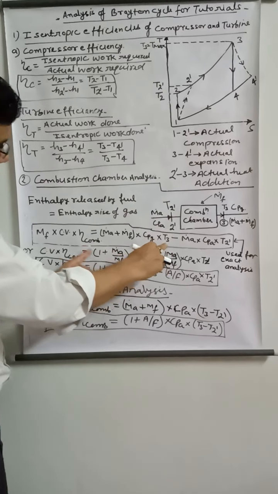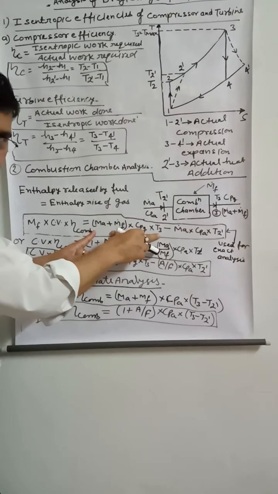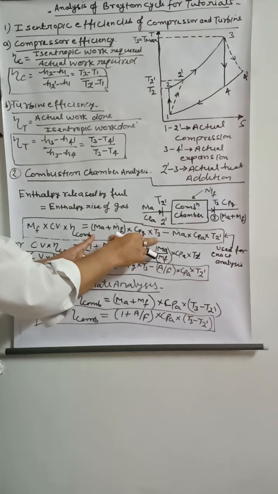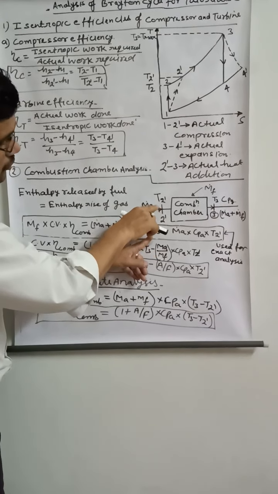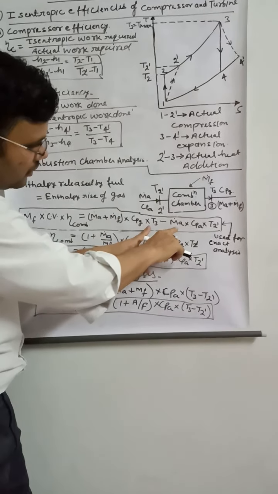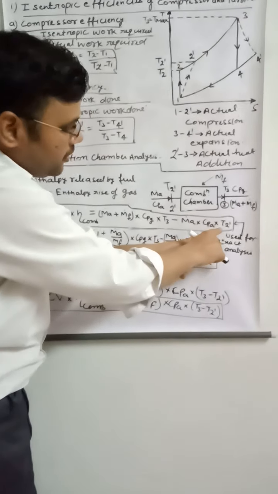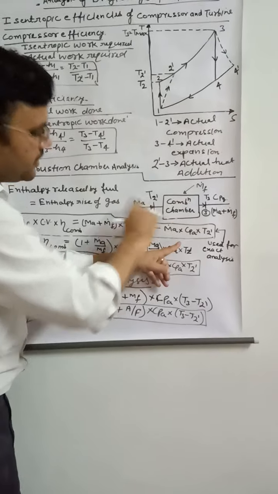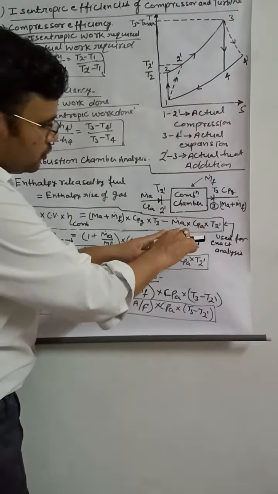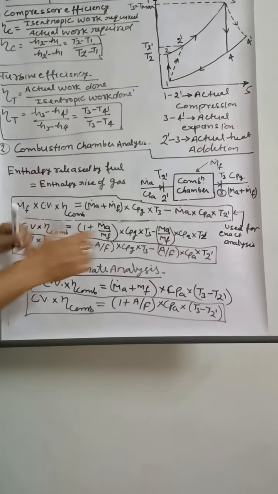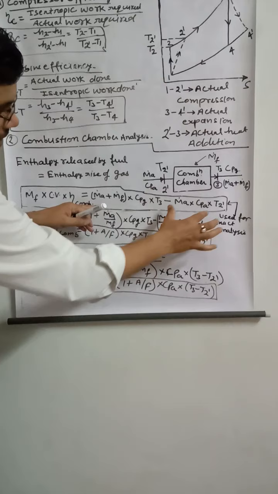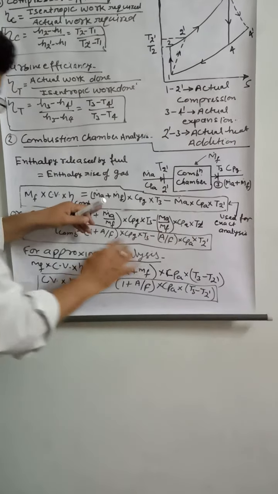This is the enthalpy of gases. And what was the enthalpy at point 2 dash? That was mass of air into specific heat of air into temperature T2 dash, right? So what is the rise in enthalpy? This much minus this, right?